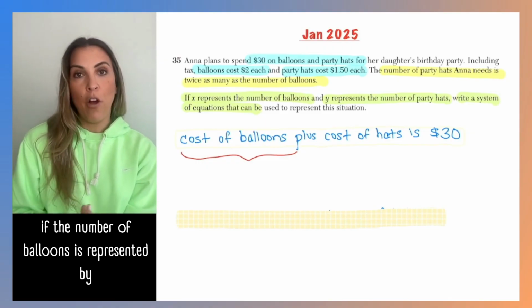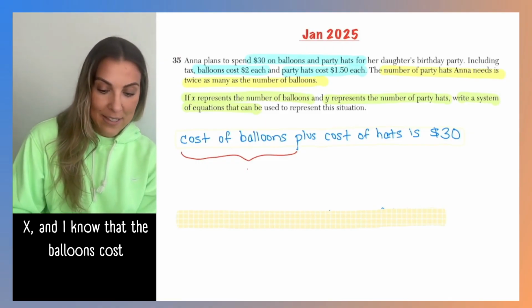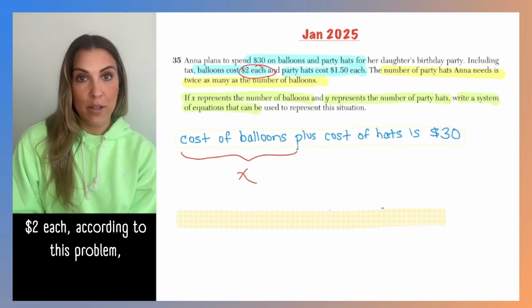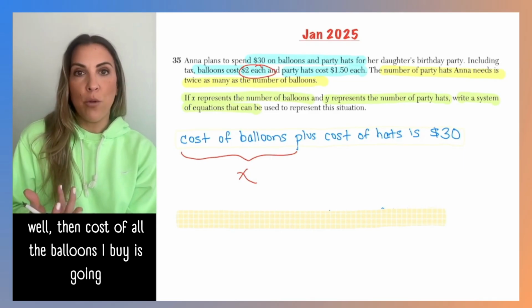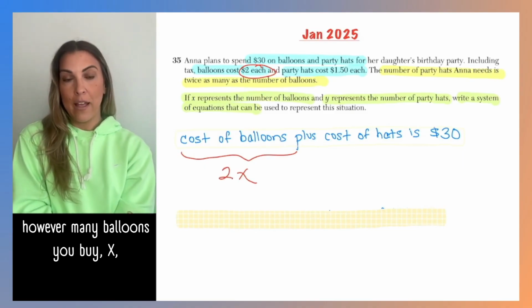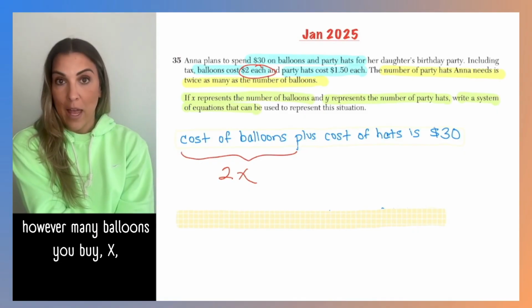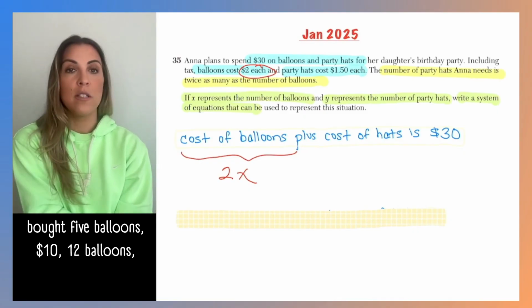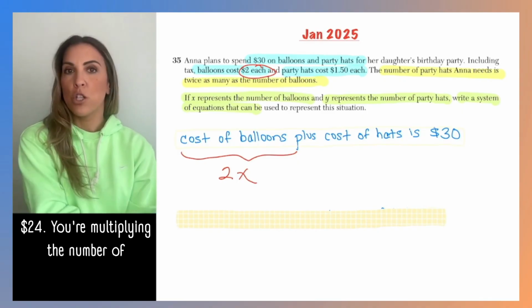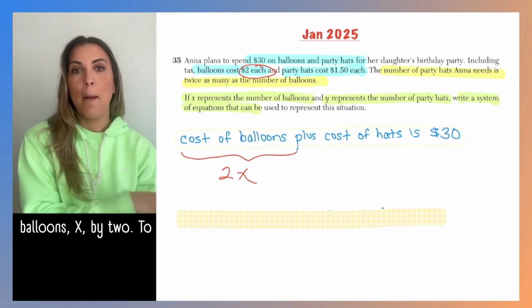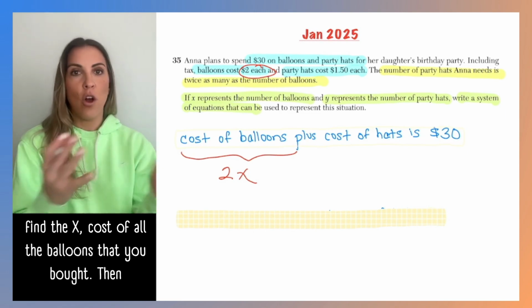So if the number of balloons is represented by x, and I know that the balloons cost $2 each, well then the cost of all the balloons I buy is going to be 2x, because you're going to multiply however many balloons you buy, x, by 2 because they're $2 each. So if I bought 5 balloons, $10. 12 balloons, $24. You're multiplying the number of balloons, x, by 2 to find the cost of all the balloons that you bought.